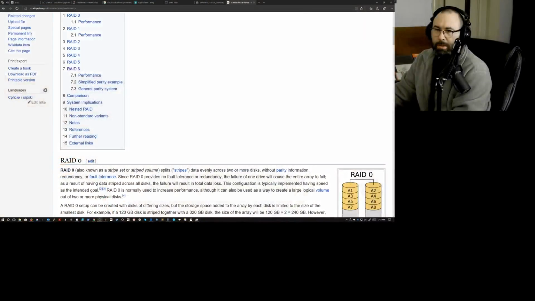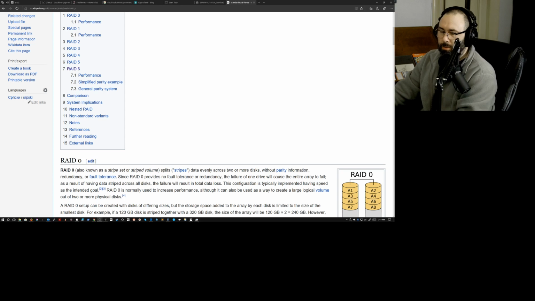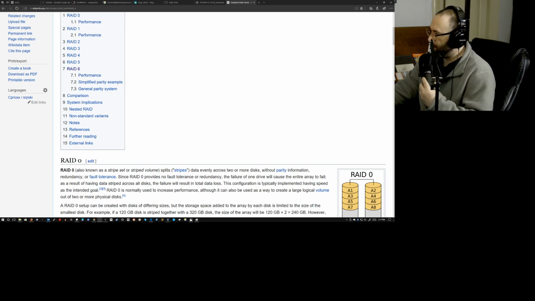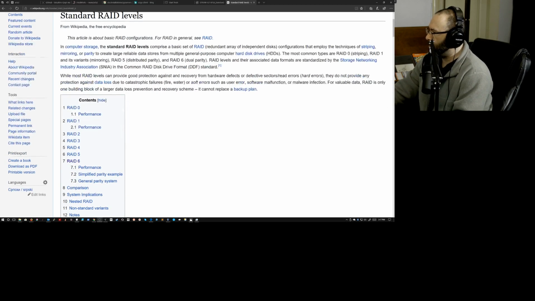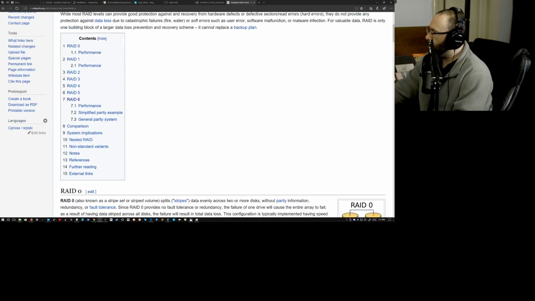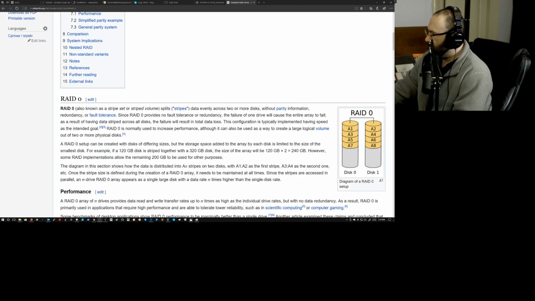So I'm going to jump over to my main display. And what I'm going to do right off the bat is point to the Wikipedia entry on RAID. It goes over all the standard RAID levels. It talks about RAID 0 and RAID 1 and RAID 2 and all the way up through RAID 6, and gives a pretty good overview of how they work.